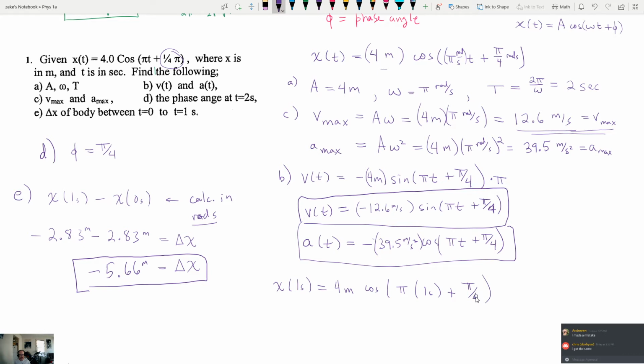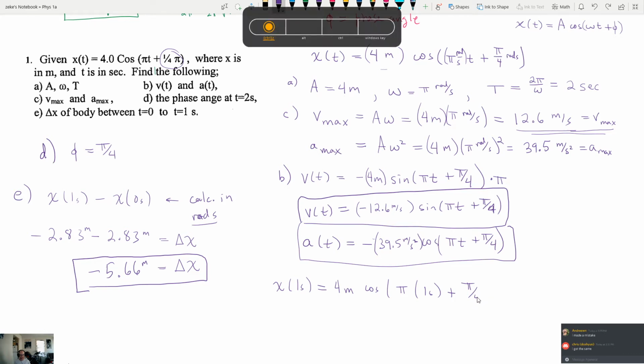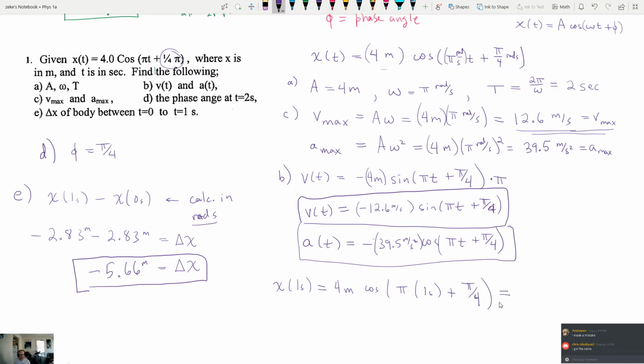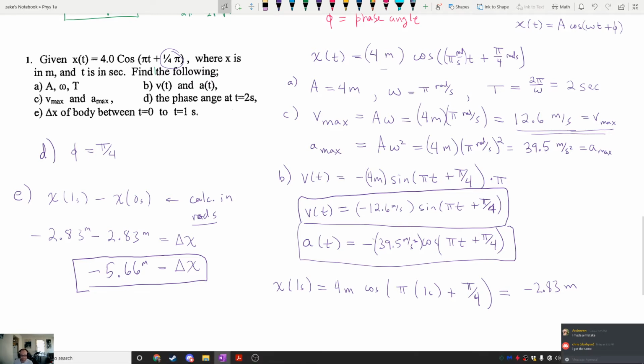You plug all that into your calculator and you do it without making any mistakes. I did it multiple times and I kept getting this answer of negative 2.83. So just be careful about the way that you're putting it in. I think it's an input error, most likely. It's something about the way you put it in. But you'll figure it out. I'm confident you can do it.